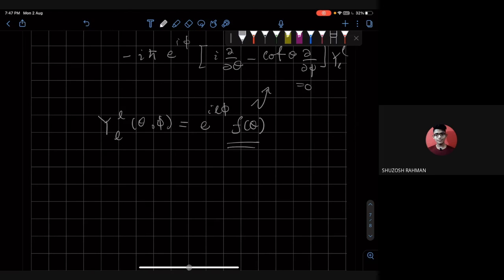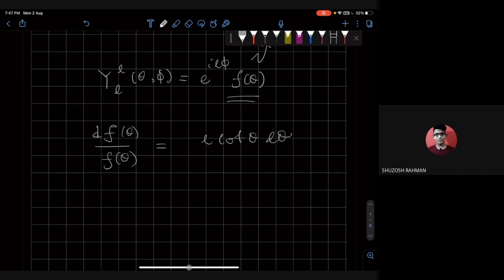That equation for f is just df by f of theta equals L cot theta d theta. So we can solve this, and the solution is f of theta equals some constant c times sine theta to the power L. This is just if we integrate this equation.